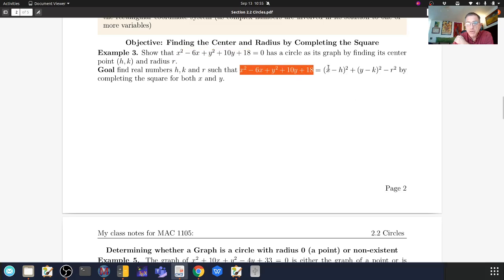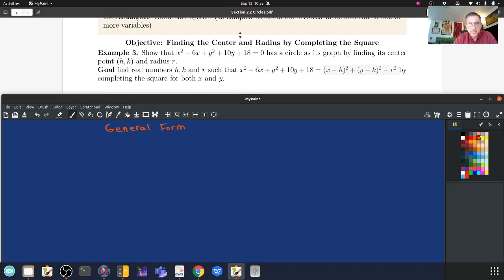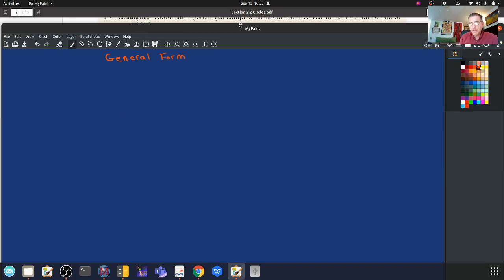And we want to turn it into this form. Why am I wanting to turn it into this form? Well, let's go back and let's make sense of this. So I'm given the general form, the center radius form is x minus h squared plus y minus k squared is equal to r squared.